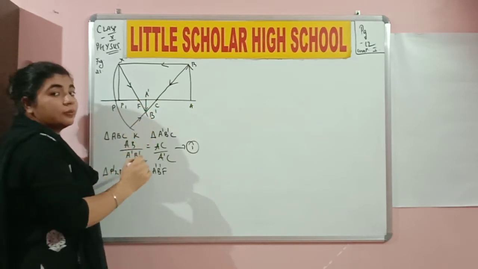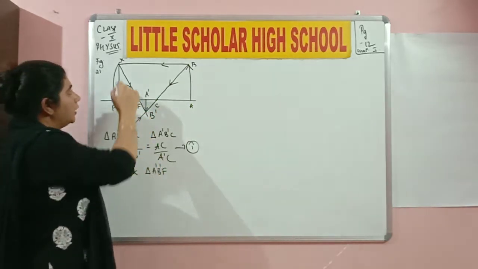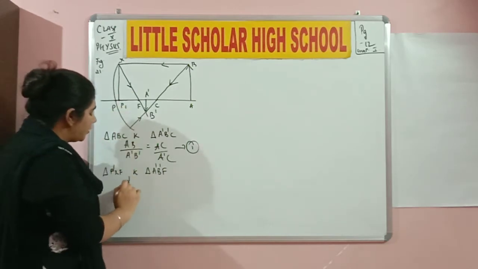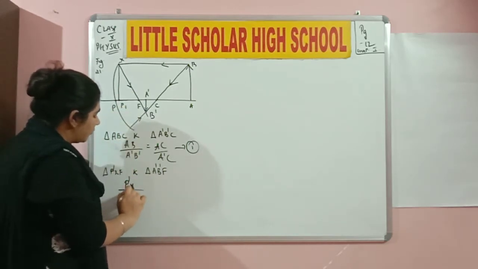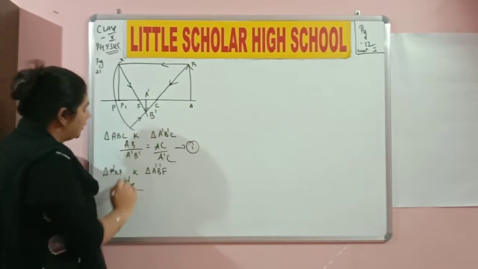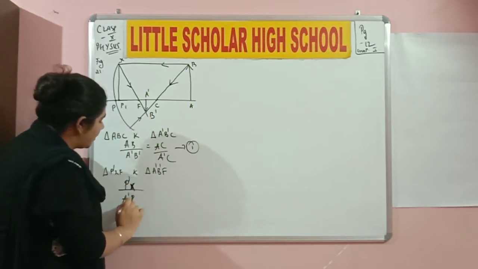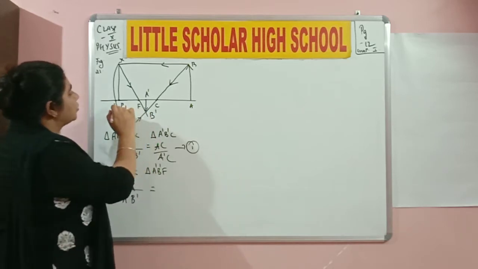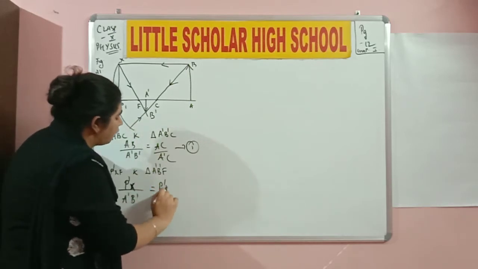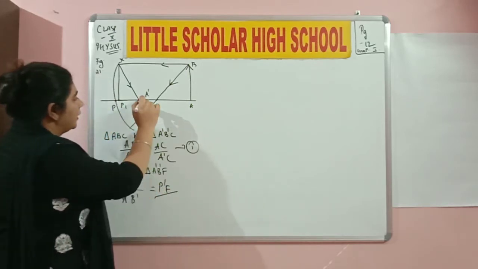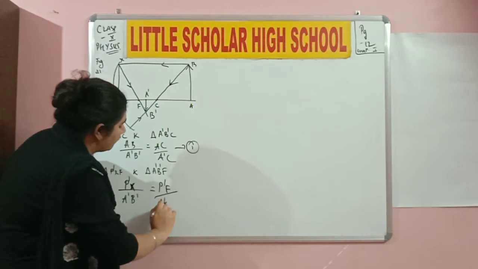So similarly, because of the similar triangle property, it is going to be P dash X by A dash B dash is equal to P dash F by A dash F.